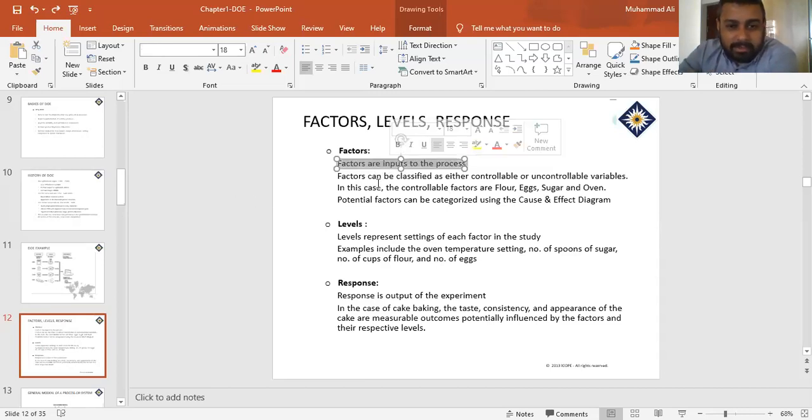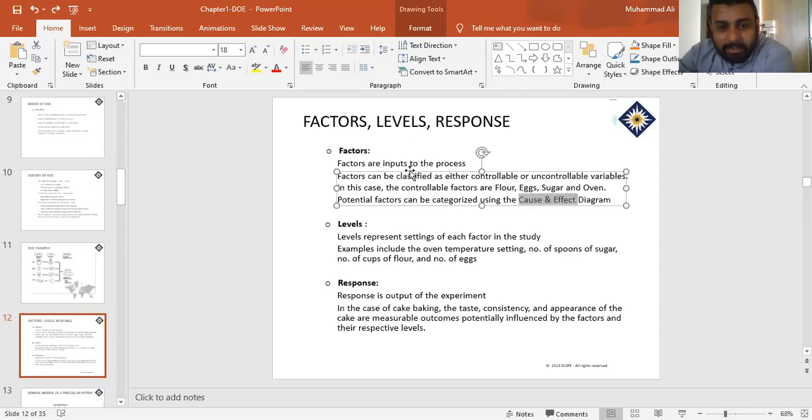We are looking at a cause and effect diagram here, so we have to look at the factors and exactly what we are looking for. As I said, we are looking for the bubble point pressure, or maybe there are other factors we can look for in other experiments. So every experiment is different. First of all, when you design your experiment, you have to come up with the objective. What is the objective of your experiment? Then you can design the experiment according to it.